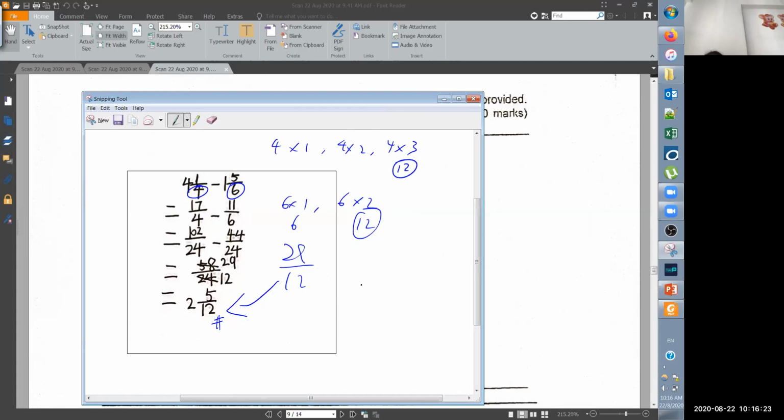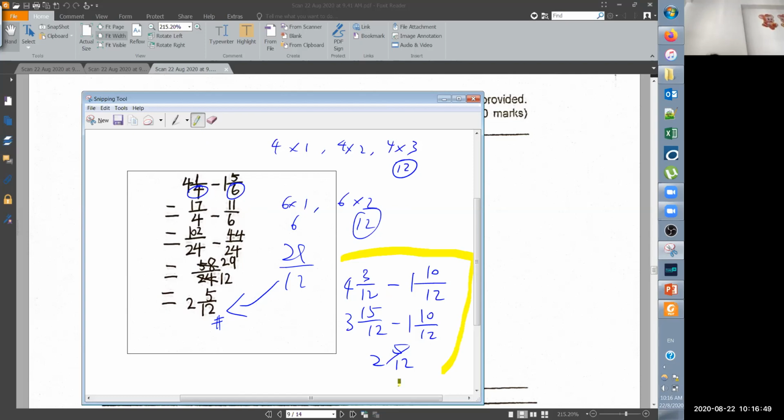Therefore, you can actually get this into 3 over 12, I mean 4 and 3 over 12, and then over here is 1 and 10 over 12. And then after that, your 4, you give it 1. So you get this, so this is your answer. So you can also do it this way.